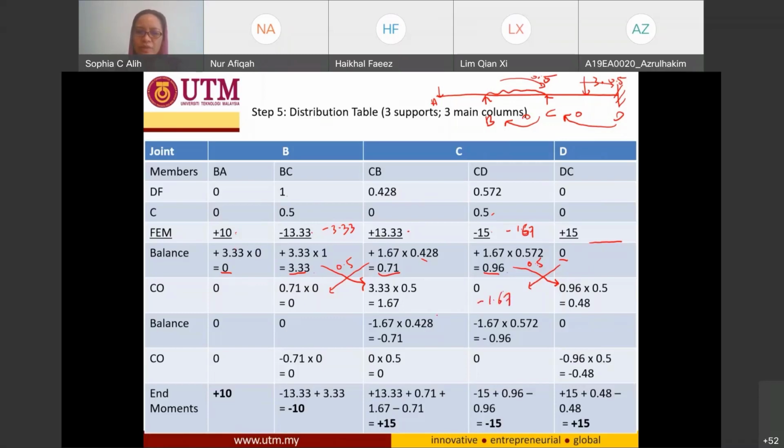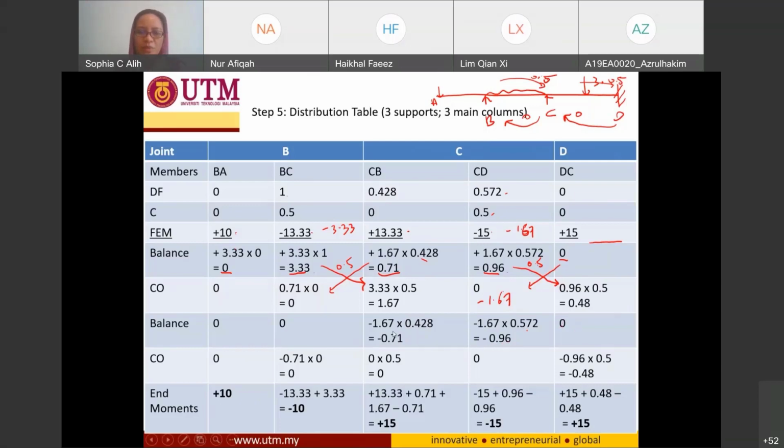This negative 1.67 moment, I need to distribute to the members based on their distribution factor. So I have negative 1.67 times 0.428. So it will be negative 0.71, and I have negative 1.67 times the distribution factor of CD. Then I will have negative 0.96. This one's distribution factor is always 0, so I have 0 over here.